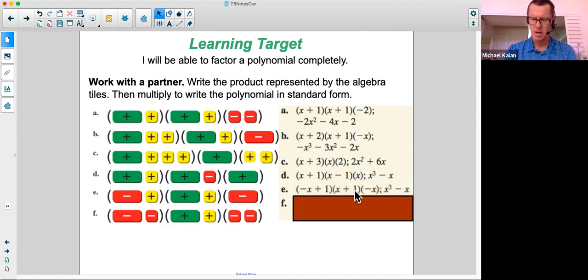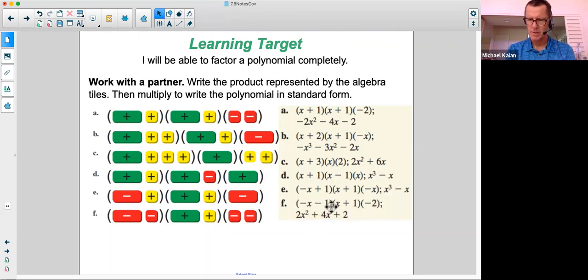On this one, these are almost conjugate binomials. If we wrote them as 1 plus x, 1 minus x, then I would distribute the negative x. And on F, you could multiply those and then distribute the negative 2. All right, awesome.